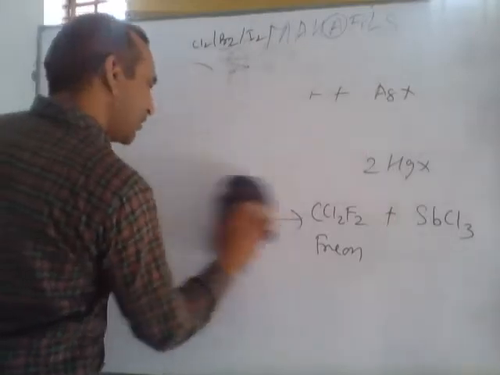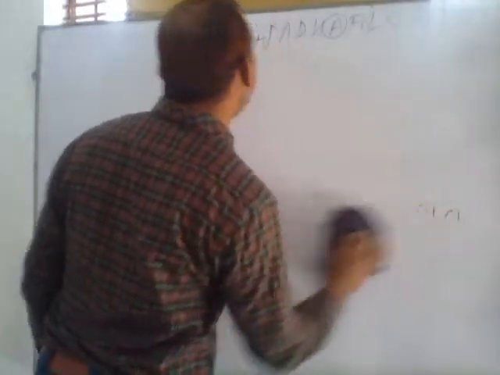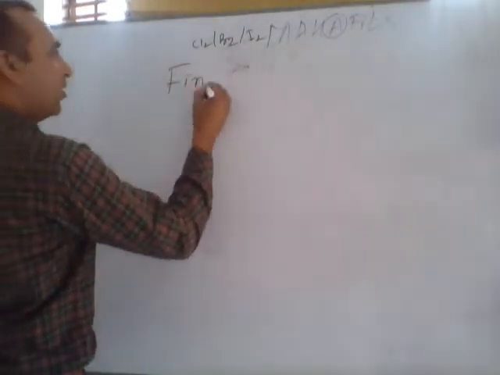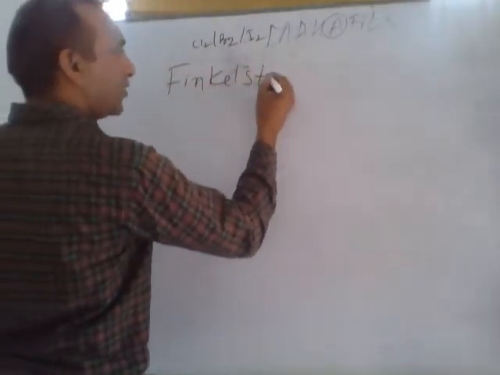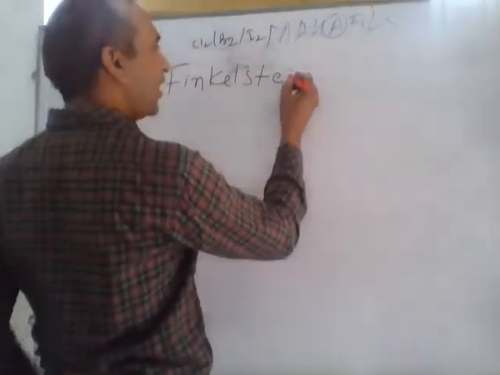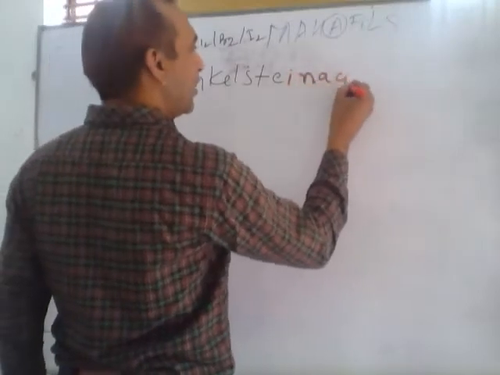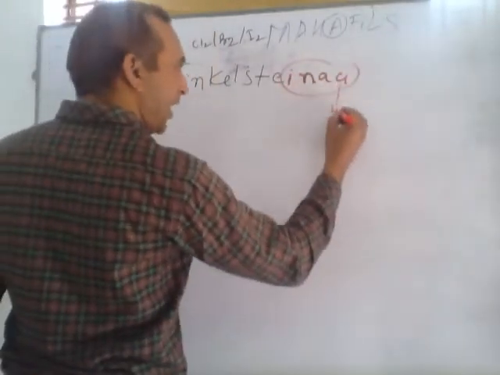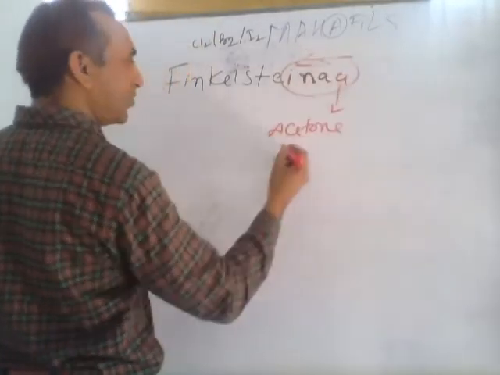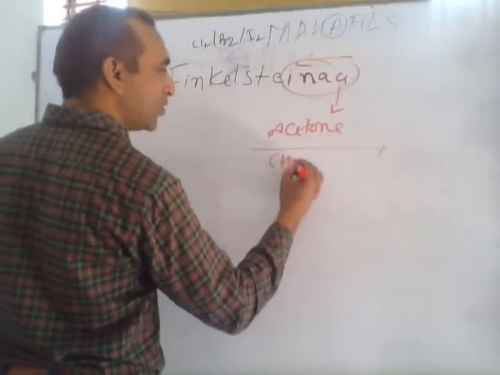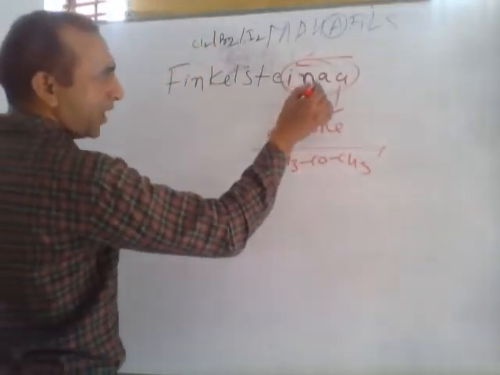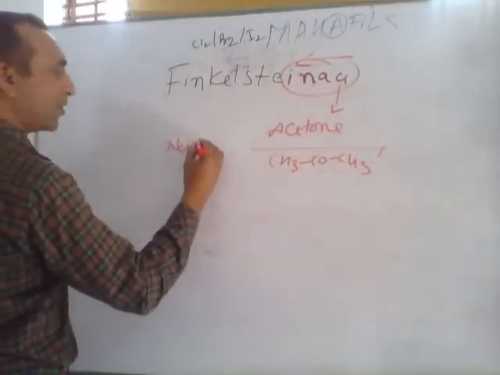In Finkelstein reaction, what have we written? Finkelstein ends with double A, meaning acetone at last. In the presence of acetone, CH3COCH3, the remaining reagent is NaI.